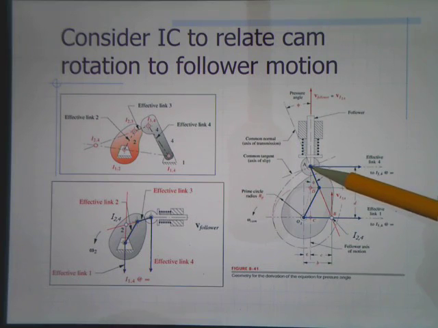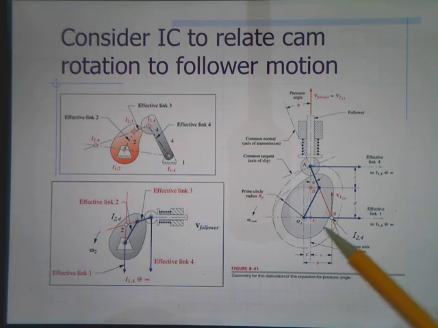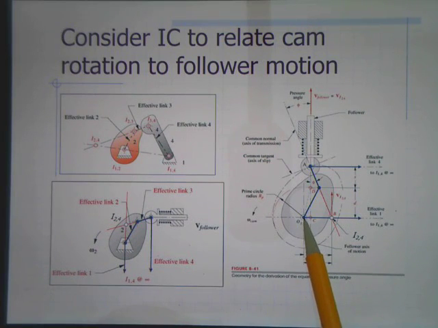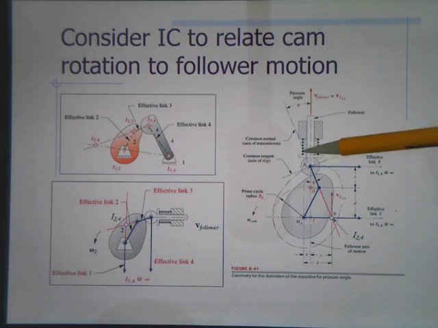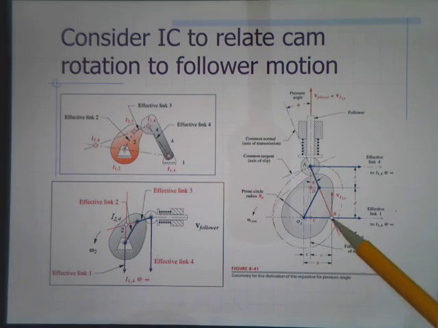Since this one's moving straight back and forth, the ground location or rotation point will be infinitely far this way, so we draw a line through the center parallel to this line. That line and this line intersect right here, and that's our instant center I24. This instant center location is going to be important to us.